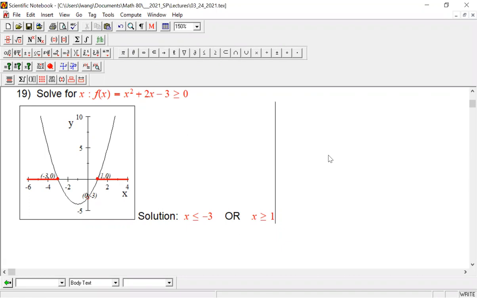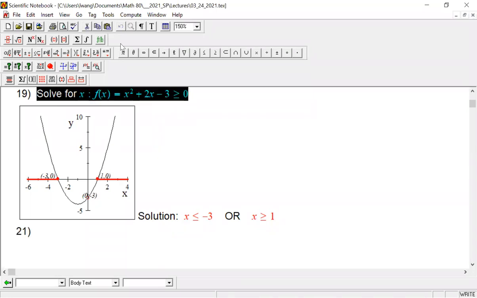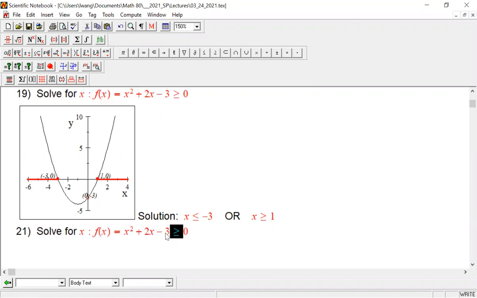So let's look at 21 and 22. 21 is asking for negative output. 22 is asking for negative output or 0 output. So what will be the solution for 21?